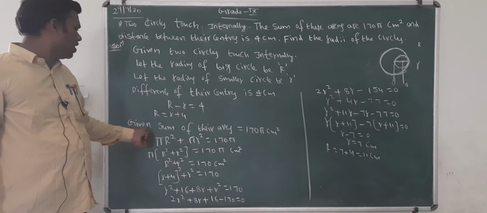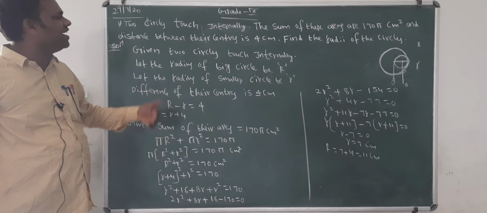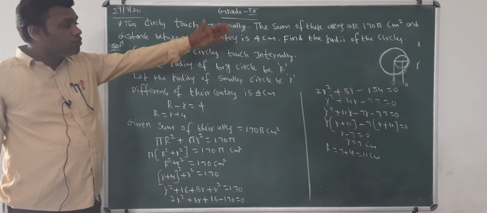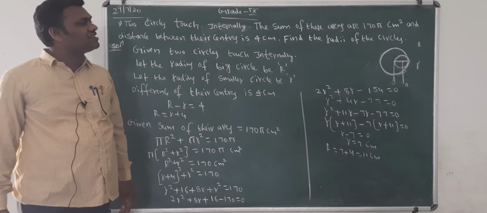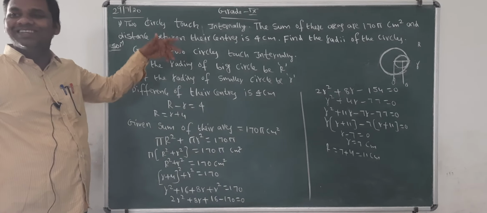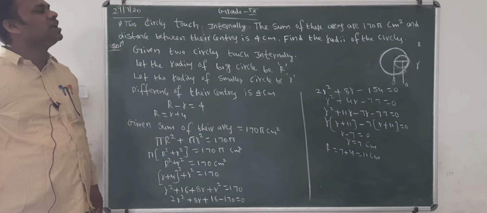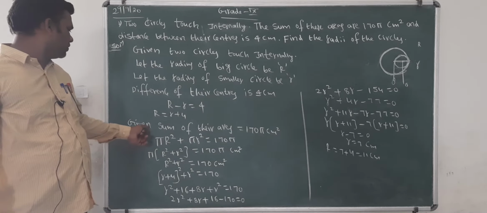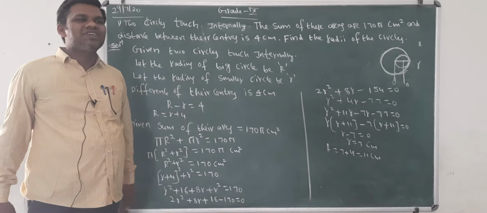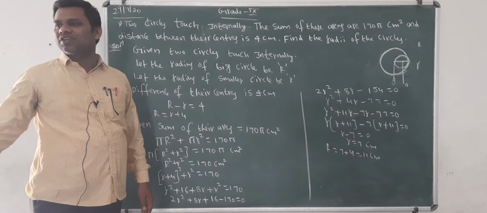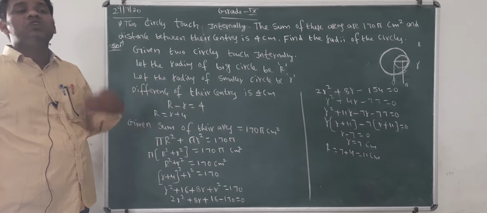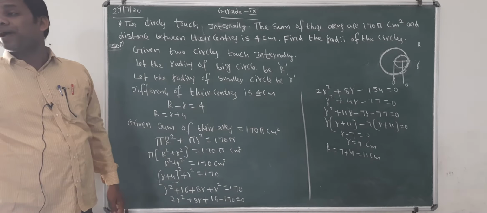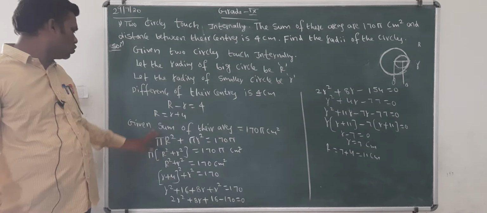Now, the sum of their areas of the two circles is 170 pi centimeter square. The formula of a circle's area is pi r square. So the big circle area is pi capital R square, the small circle area is pi small r square.